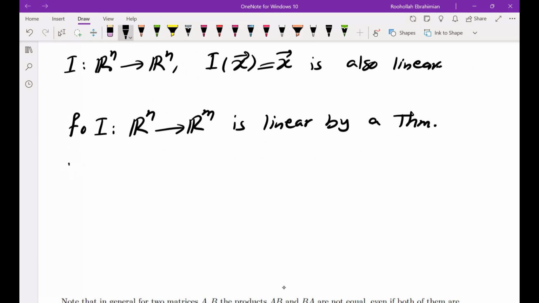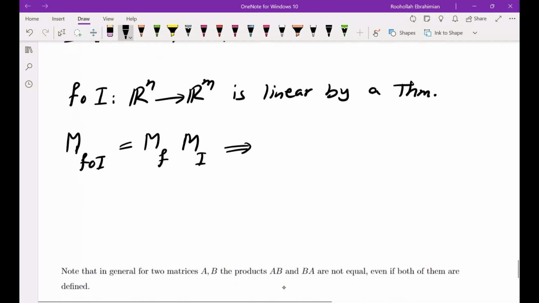And also the matrix of the composition is the product of the matrices. So what is the matrix of the composition? We know it is exactly the matrix A, so let me first write it down. Matrix of f is just A. Matrix of I is just the identity matrix.